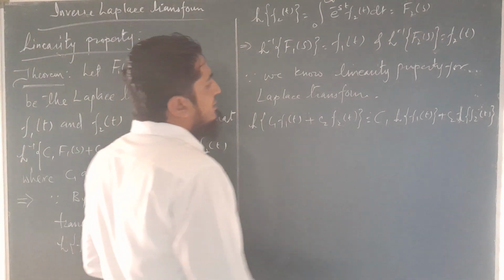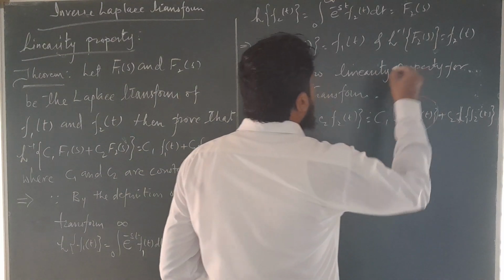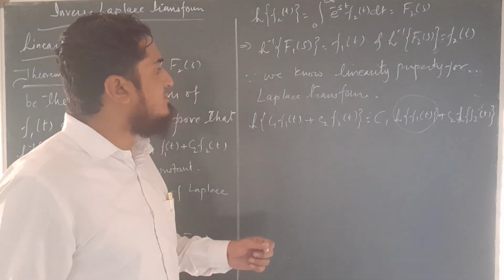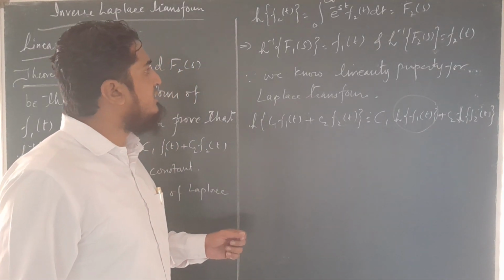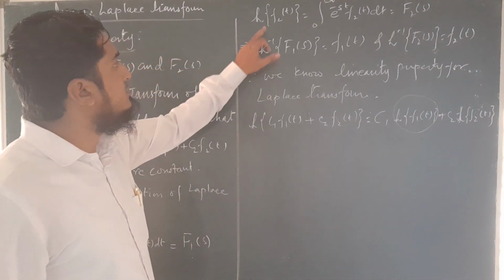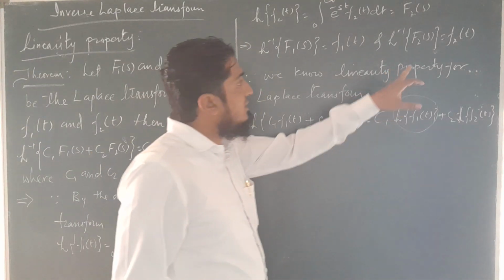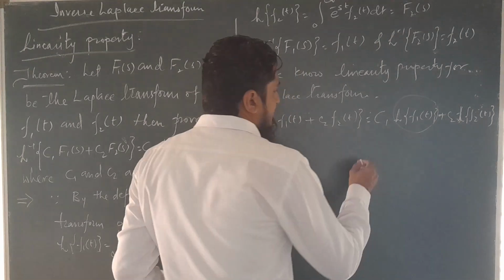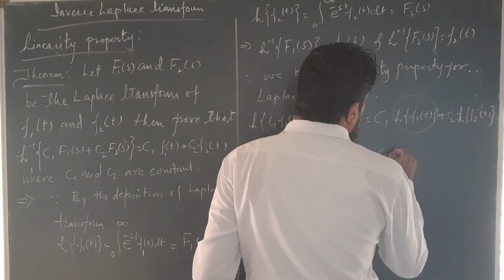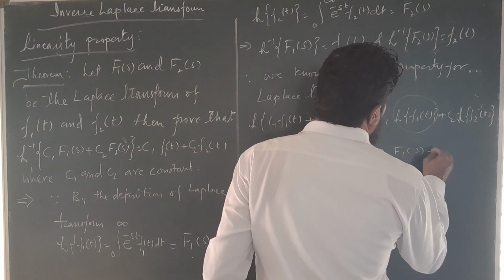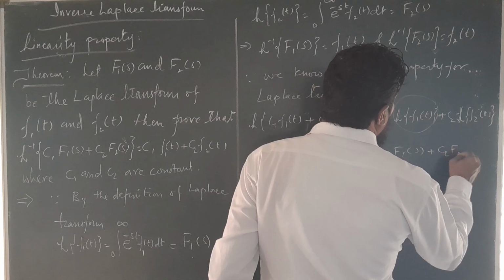Since the Laplace transform of f1 of t is f1 of s, and for f2 of t we have f2 of s, we can write it as c1 f1 of s plus c2 f2 of s.